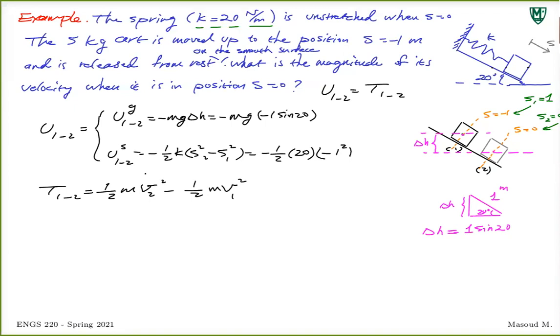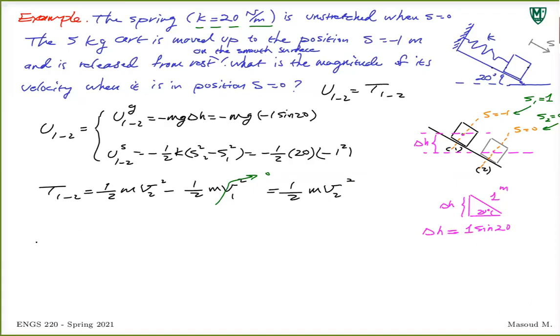Now, we push the mass up and we release the mass, right? That means the initial velocity is 0, which means this term becomes 0. So this becomes 1 over 2 m v2 squared, which is what we are trying to find. We want to find what is the velocity at point 2.